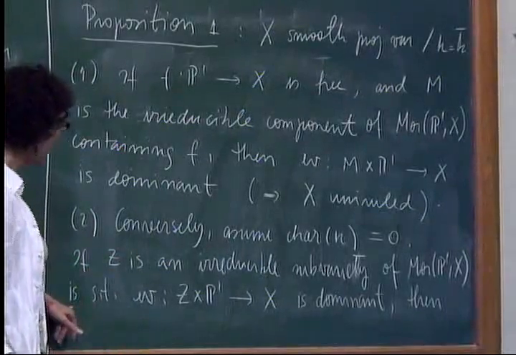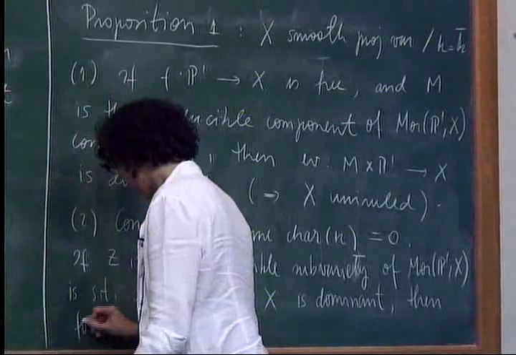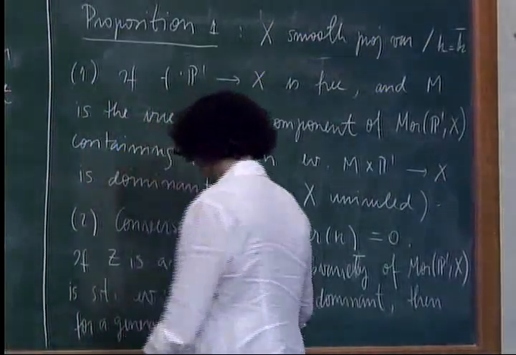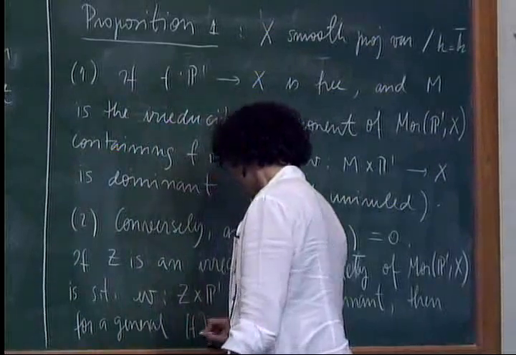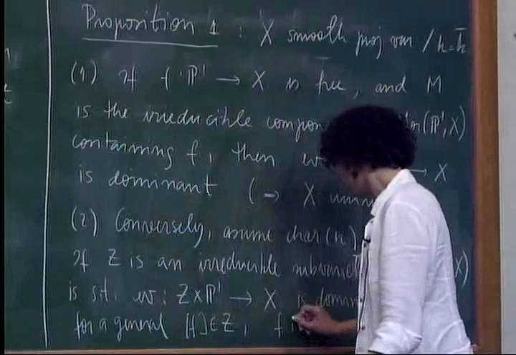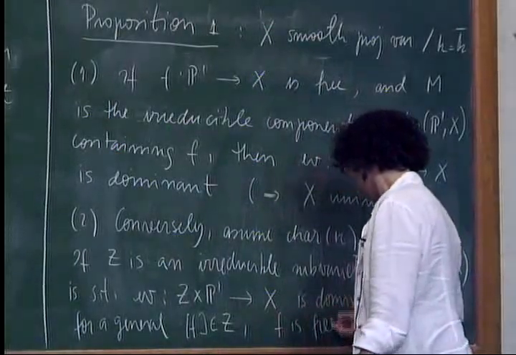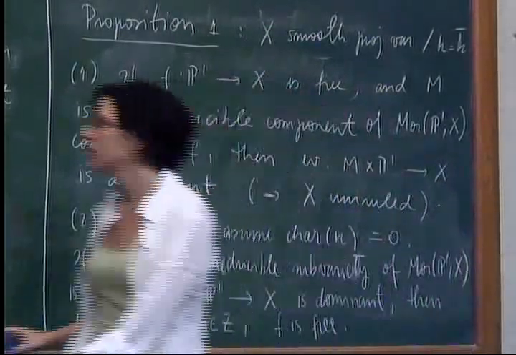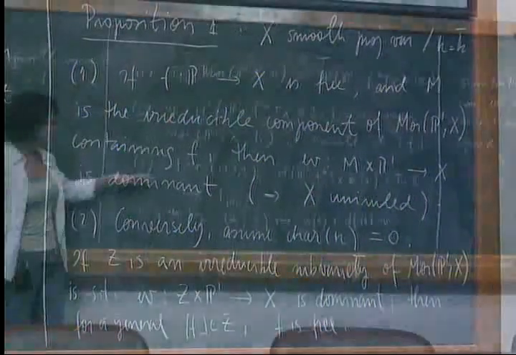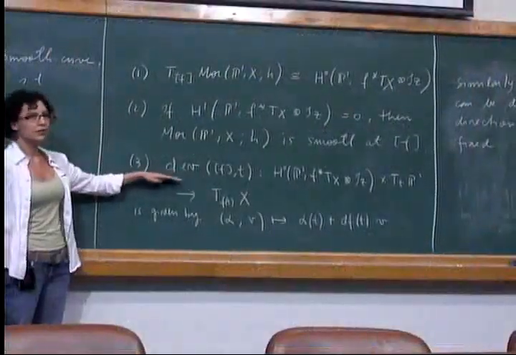Then for a general morphism f parametrized by Z, f is free. So the proof is very easy. It's basically looking at the description of the derivative map.